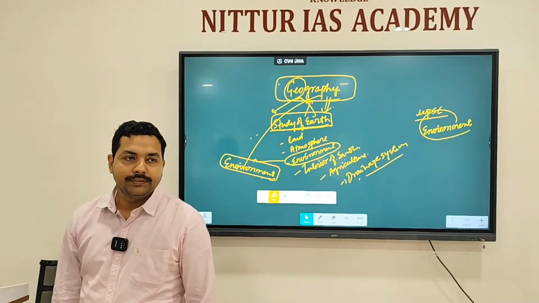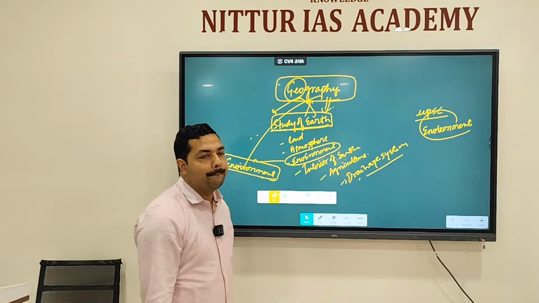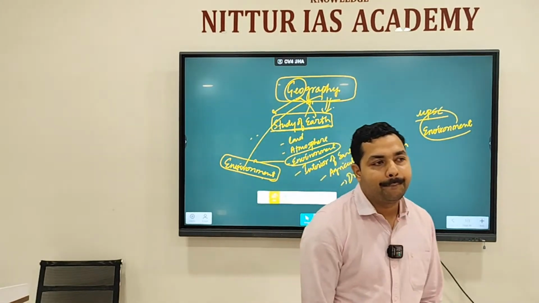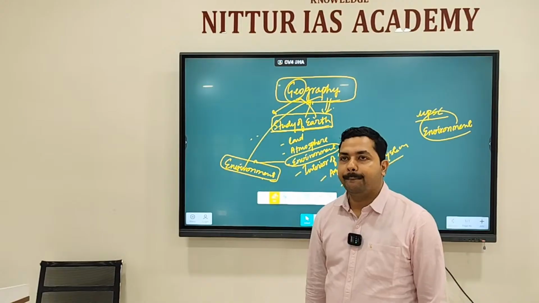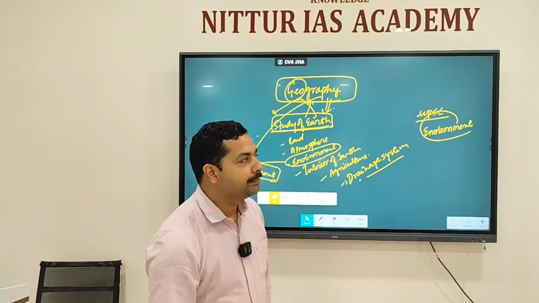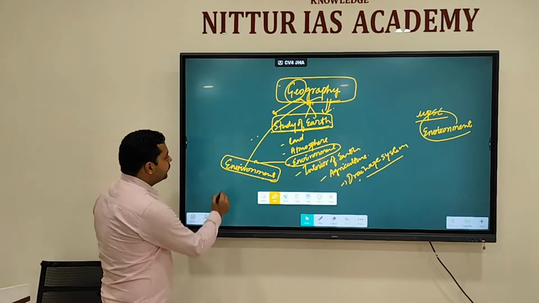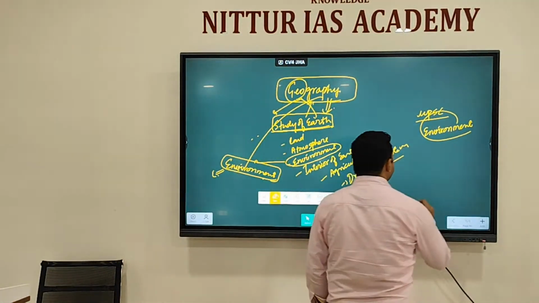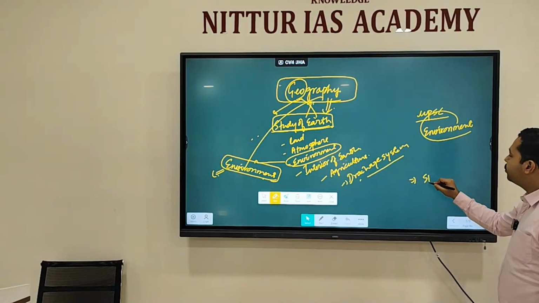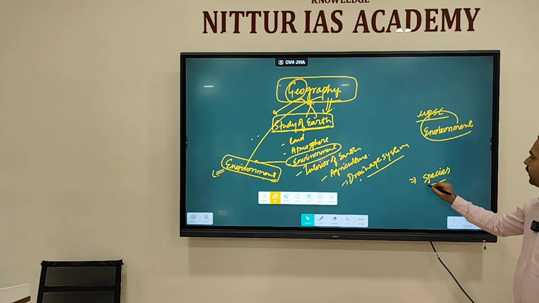Geography is something we study all together. When it comes to environment, we study particularly species and their biodiversity. Fine. One more thing to keep in mind: when you are talking about environment, you are talking related to species.